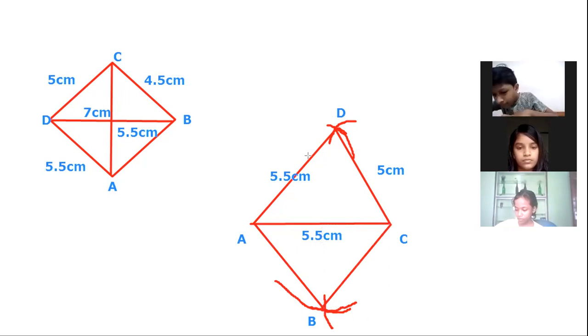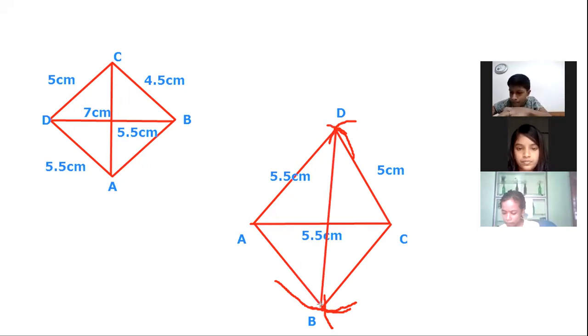Now we get a quadrilateral ABCD of given measure. What is the length of BD?